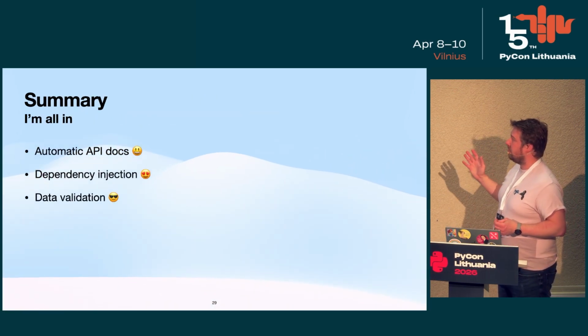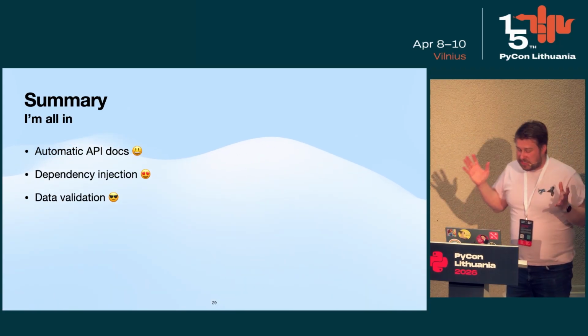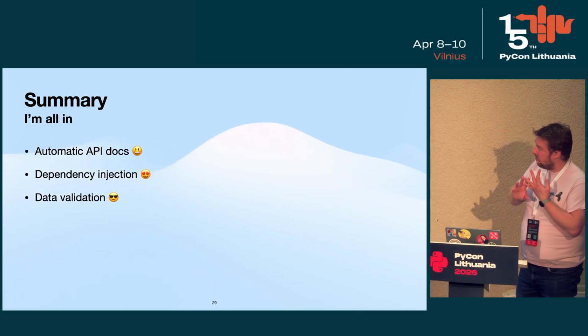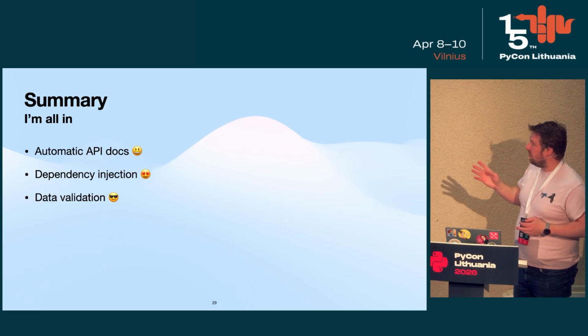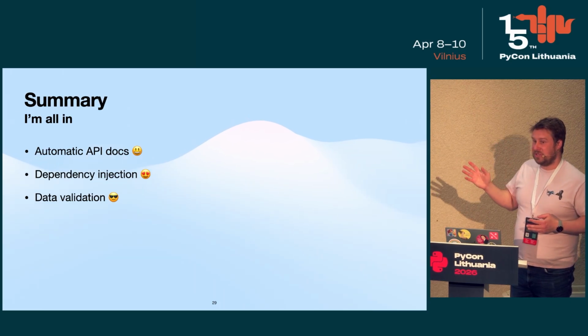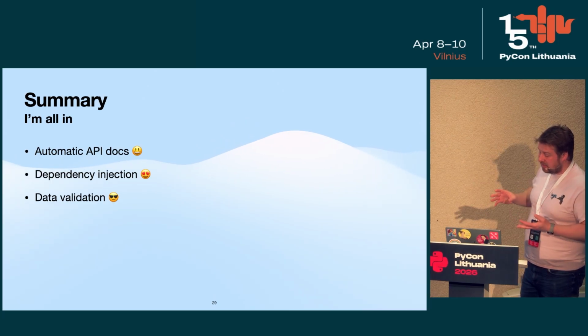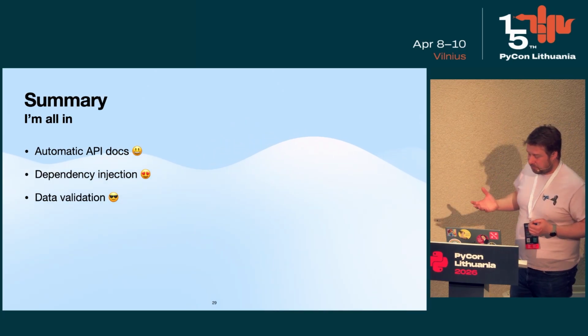So in summary, I love FastAPI. I'm all in. The typing and dependency injection are definitely my favorite features, and they make up for my reluctance to write any kind of documentation, and they satisfy my desire to test and to decouple my code.